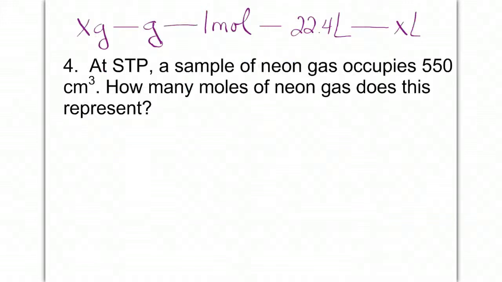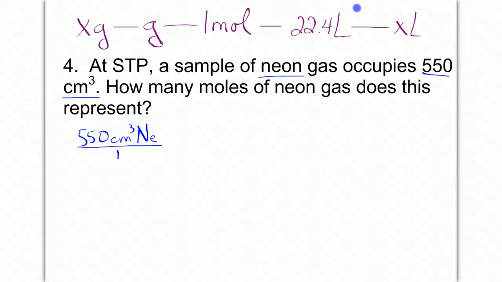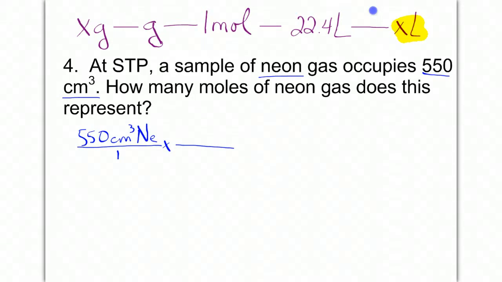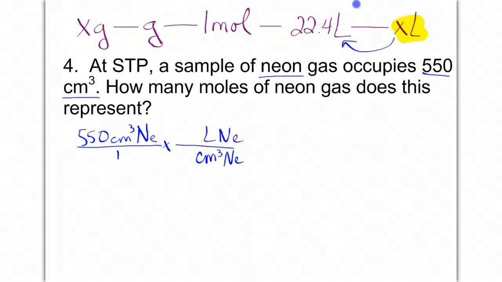Number 4, we have 550 centimeters cubed, and this is of neon gas. So 550 centimeters cubed of neon over 1 times, draw a line. Centimeters cubed is here at X liter. So we're going to want to change that from centimeters cubed to liters. We know that 1 liter is equal to 1,000 centimeters cubed. Times, draw a line.